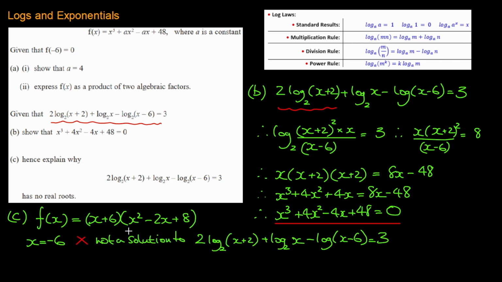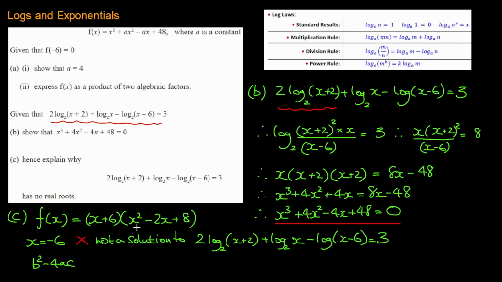But what about the remaining quadratic? Would there be a root here? Well, the rule for testing that is to test the discriminant. That's the bit underneath the square root sign in the quadratic formula. If this turns out to be negative, the quadratic here also offers no real roots.